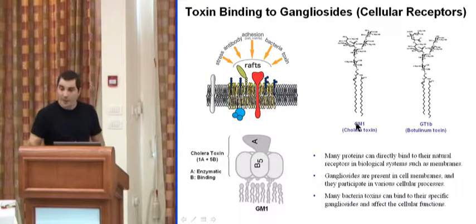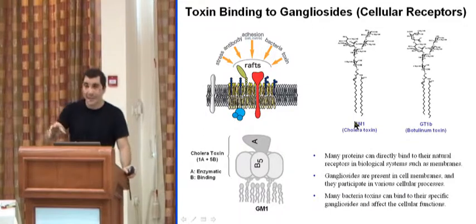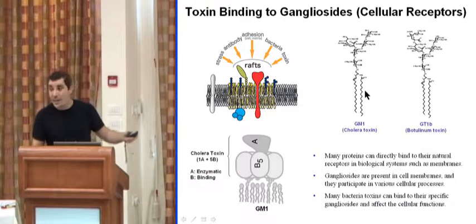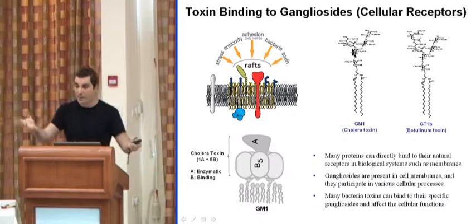Those toxins bind to receptors on living cells, and those receptors are embedded in the membrane. In this case, the receptors are mainly glycolipids, gangliosides. That is a molecule with a long hydrophobic chain, and at the end, a sugar group. The hydrophobic part is inserted into the membrane. The sugar group is showing out of the membrane.